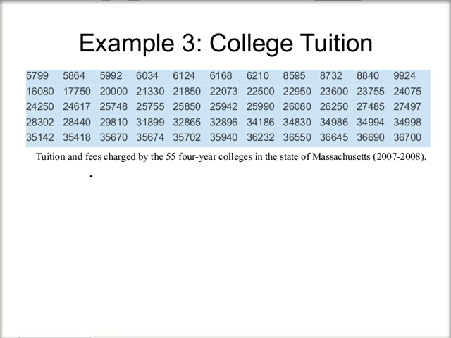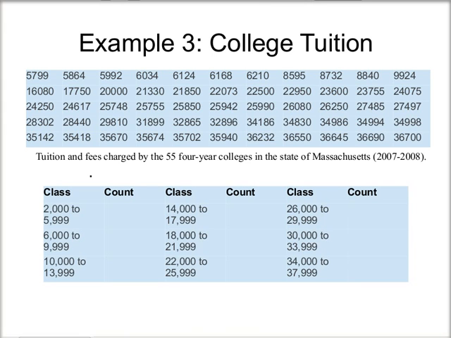And to do that, I'm going to divide up the range of values into intervals of 4,000. So my first interval is going to be from 2,000 to just less than 6,000. And that will include my lowest value. I've got my values nicely arranged in order here.